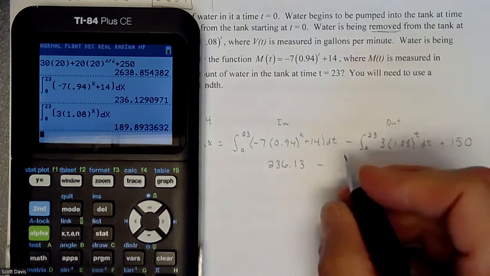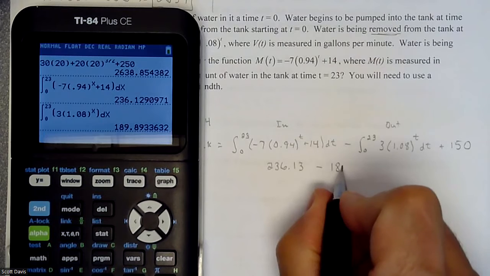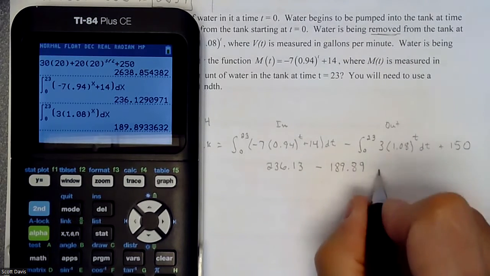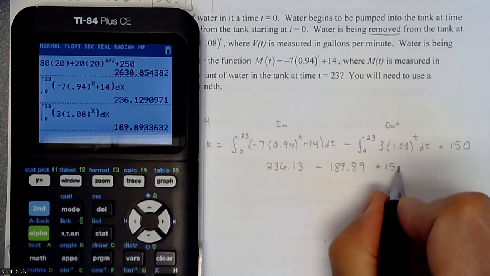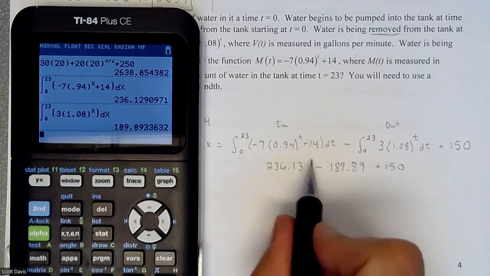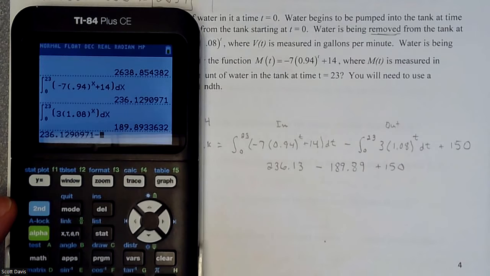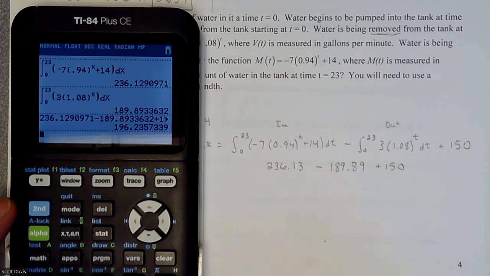Okay, so that was 189.89 coming out. And then we'll tack on the 150 that we started with. So more water came in than went out. So I can really just take this answer minus that answer plus 150 to be as accurate as possible.